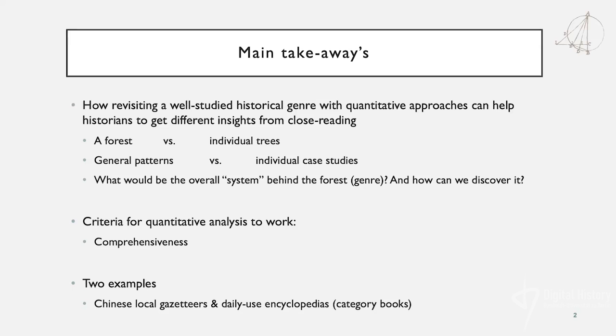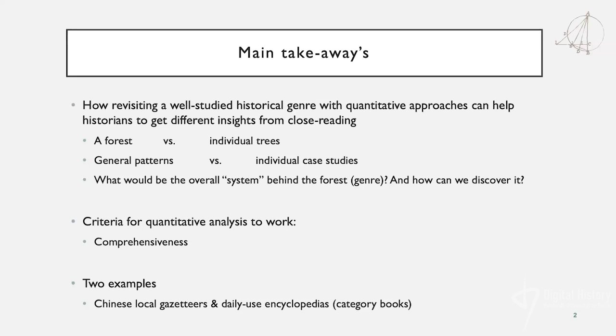But when we do this kind of quantitative analysis, what we're usually doing is counting. We're counting which phenomena appear in more of the trees in the forest, and which in fewer. When we are counting, we need to think about whether the sample that we're using is comprehensive enough for us to really project to the whole forest.